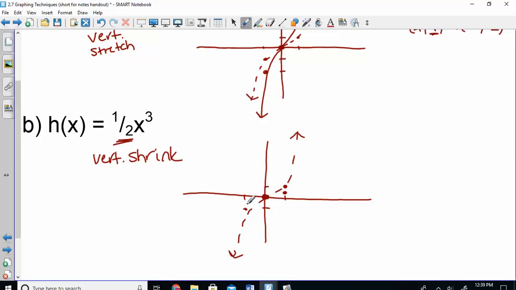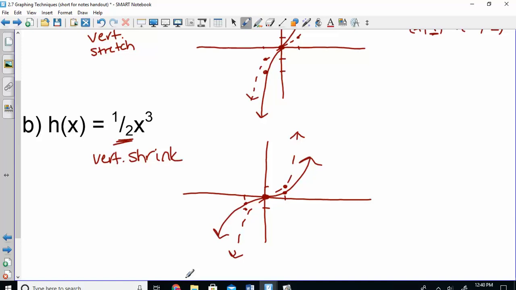Here my y value is -1. -1 times a half is -1/2. So what happens is my graph gets shorter and fatter when I do that. So outside is y. A number multiplied on the outside is just like multiplying your y value times that number. You'll stretch it or shrink it.